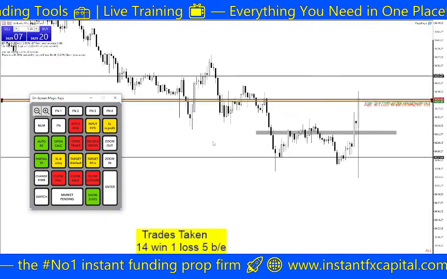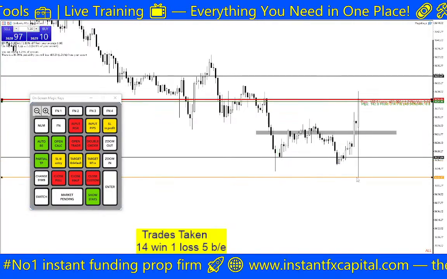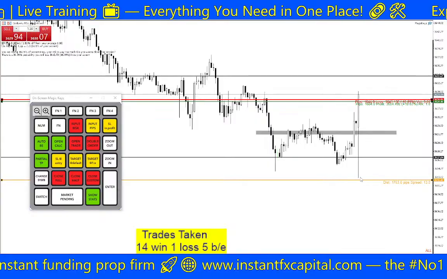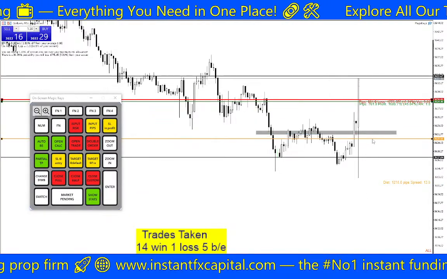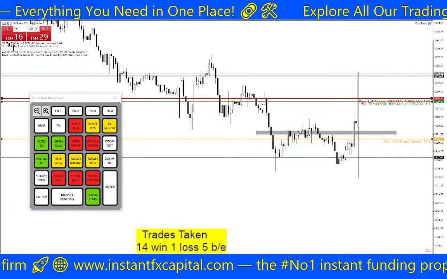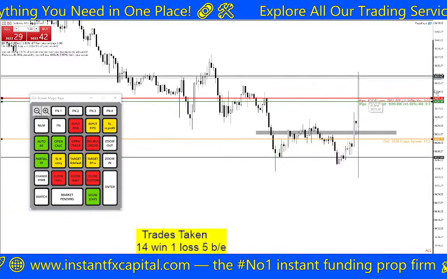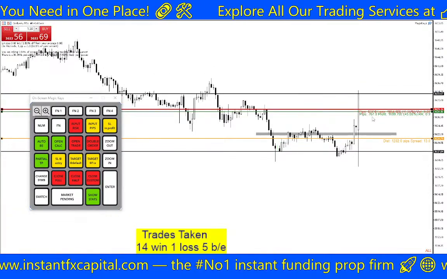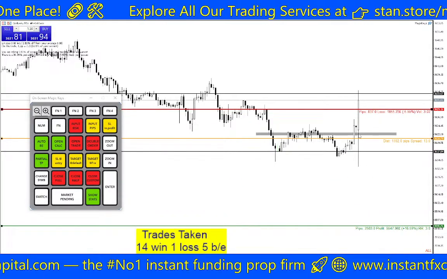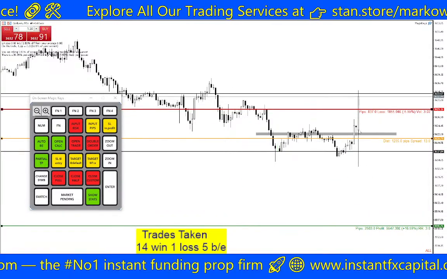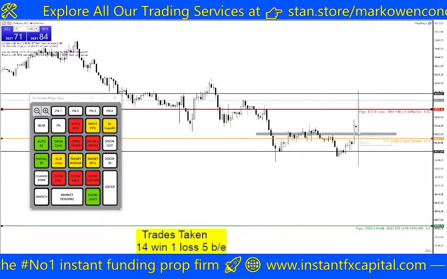I'm going to put a sell stop underneath where it was. Now, I'm not doing anything yet, I'm just leaving it there. I'm literally looking for it to break the low of where it opened.